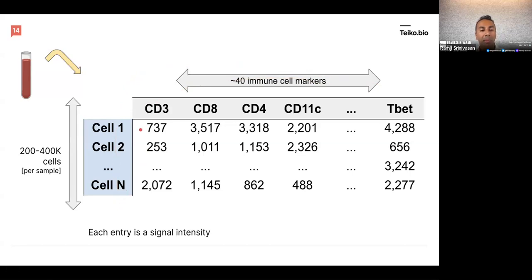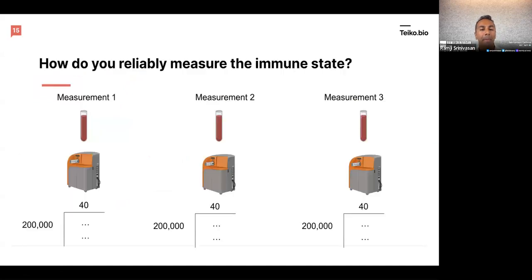And then in this big matrix, you have, say, a signal intensity. So for example, cell 1, CD3, cell N, CD3, you would have a signal intensity. So now you've got about 8 million data points to look at, and each one of these 8 million data points should look similar from run to run, from person to person.